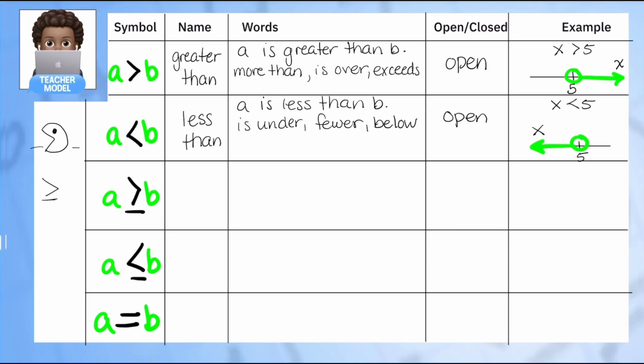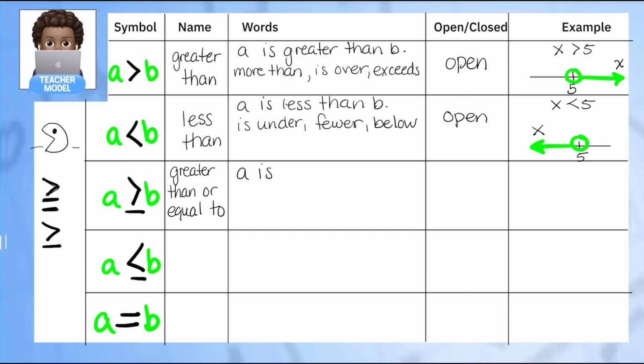Okay, so let's look at these with those underlines in them. Those underlines are combinations of two symbols: greater than or less than, plus an equal sign. But instead of it looking like this, they just add one equal sign to the bottom, and that's all it means. So I would read this one as greater than or equal to.